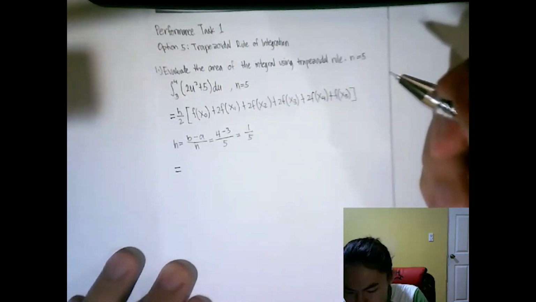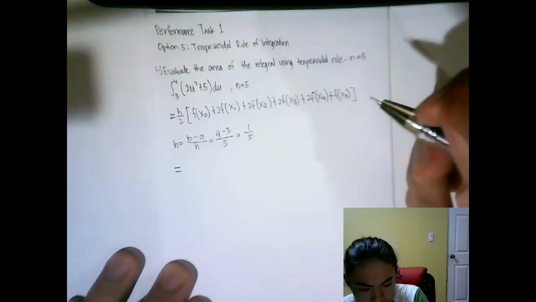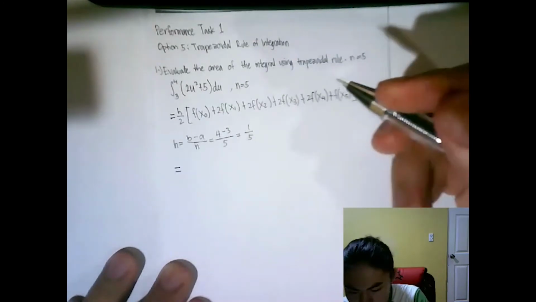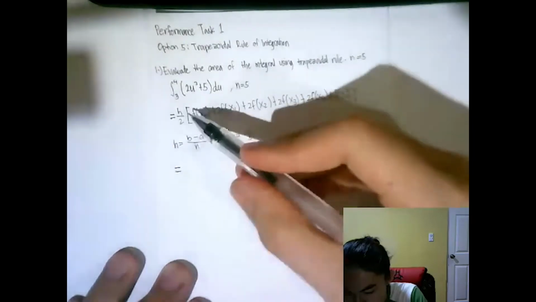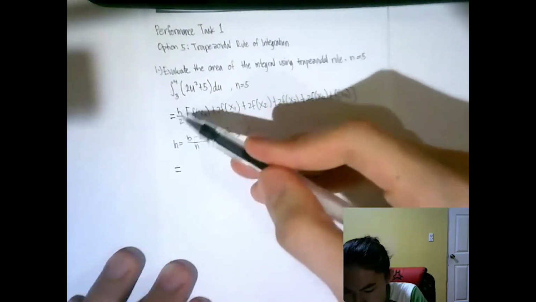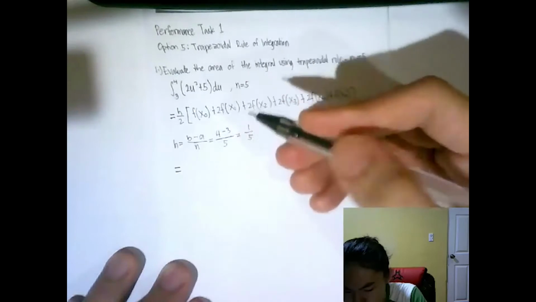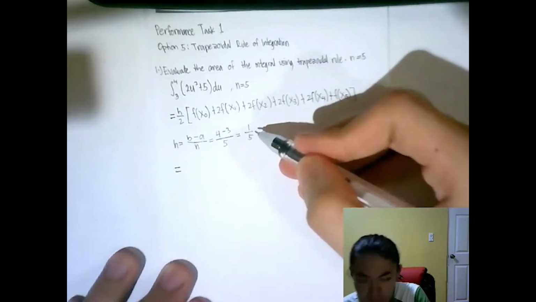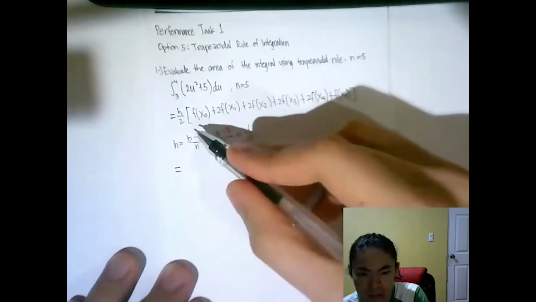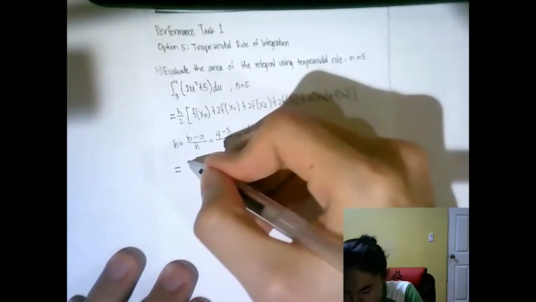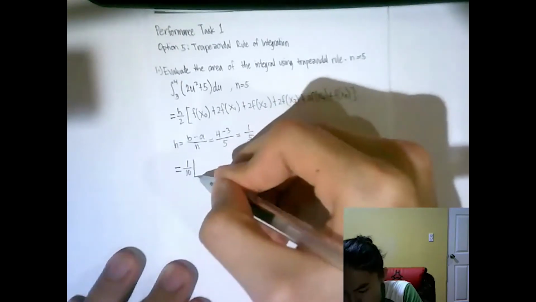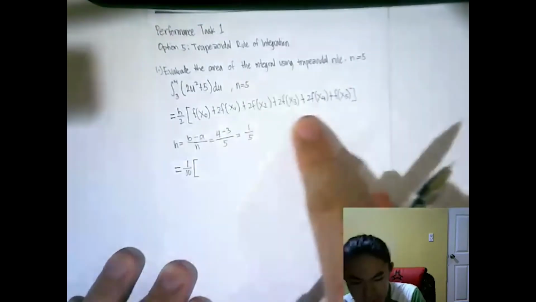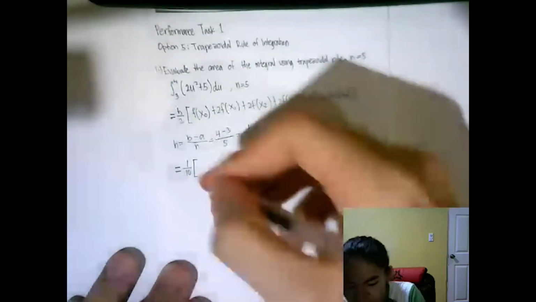So, next naman na gagawin natin is to substitute this h into this h over 2. So, ang mangyayari lang dito is ang ating denominator is mamumultiply sa 2. So, magiging 1 over 10 na siya.